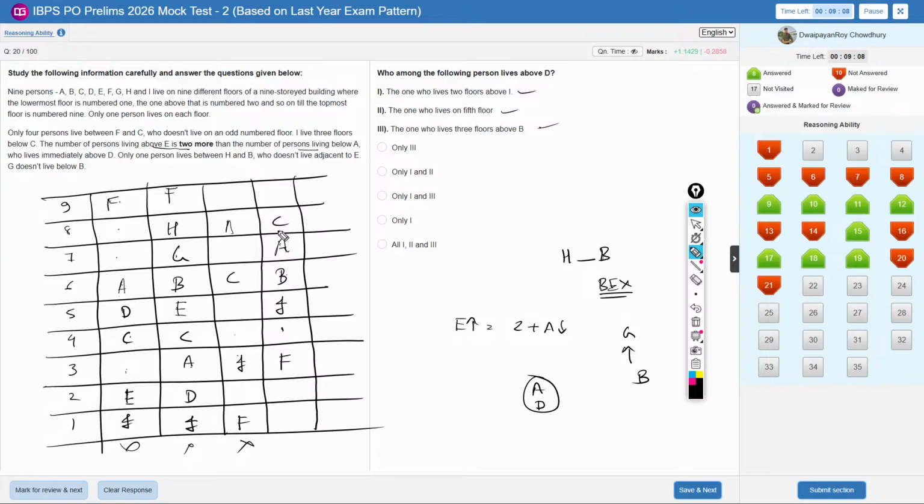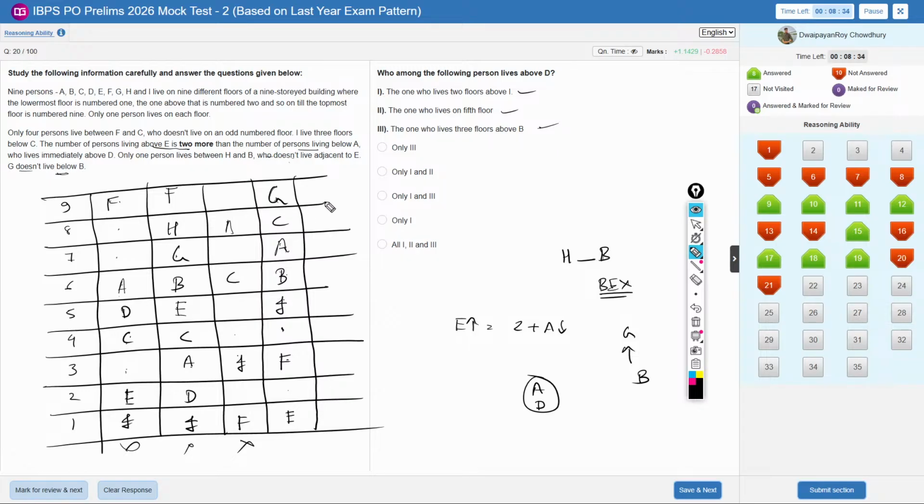Then 1, 2, 3, 4, 5, 6, so above E, and H, B. So either way, B would be above G only. So G would be above B only if I give G here. And B does not sit adjacent to B, does not live below B.